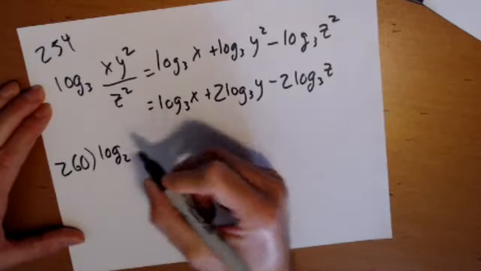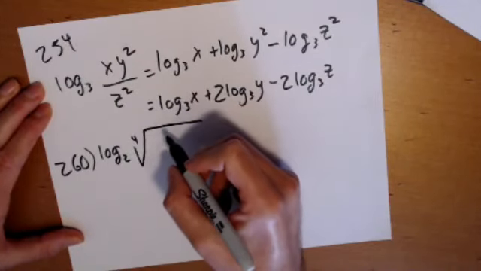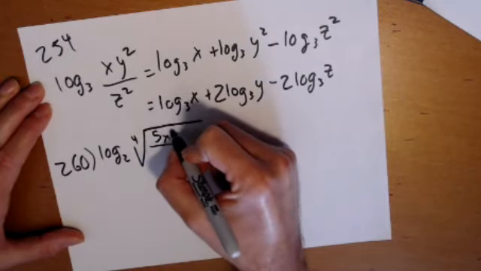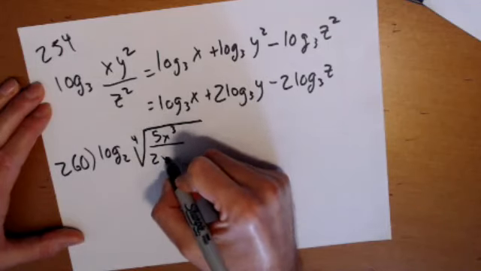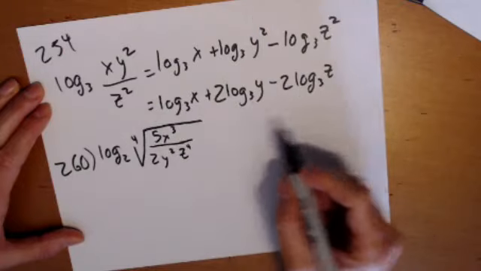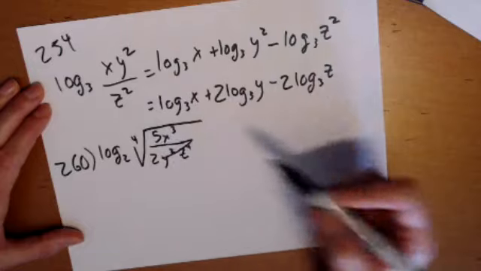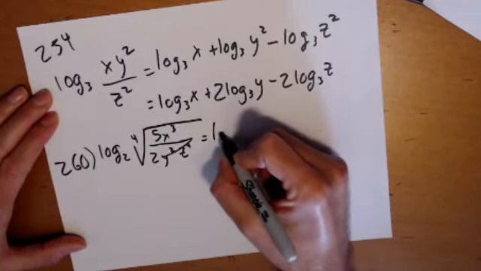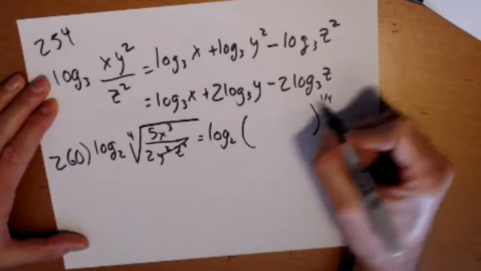Log base 2, 4th root of 5x cubed over 2y squared z to the 4th. Isn't fourth root 1/4 power?